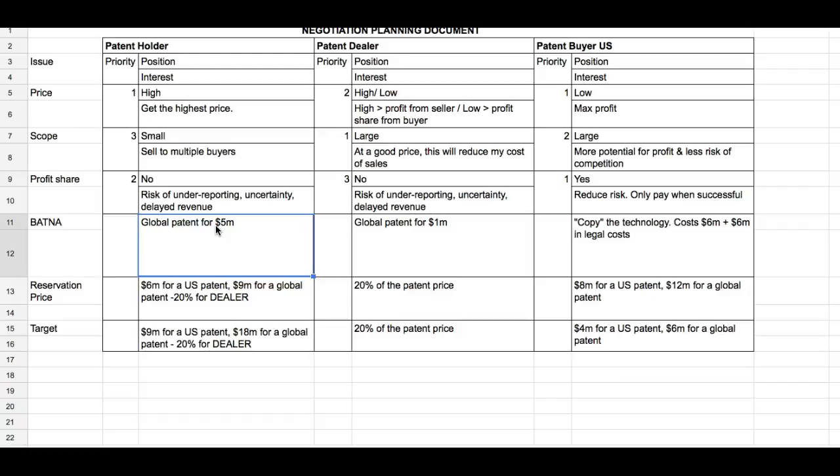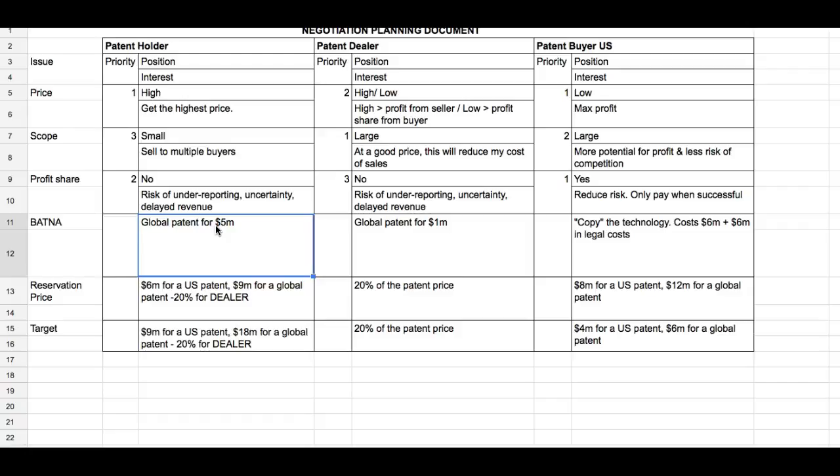Or they can make another patent. If you are copying technology, then the patent holder will try to sue you. You have to protect yourself. You need to stall it.